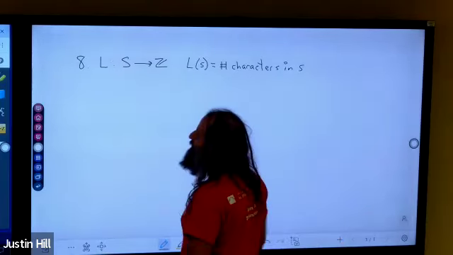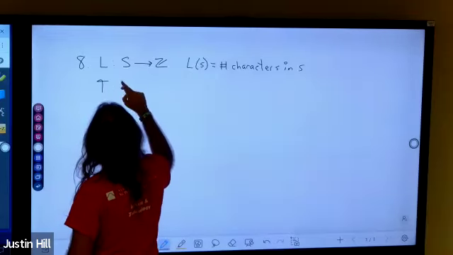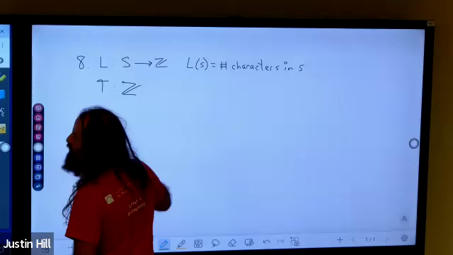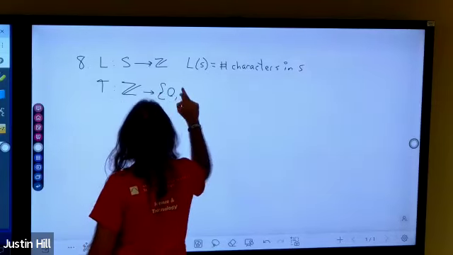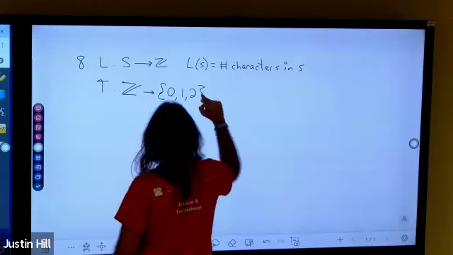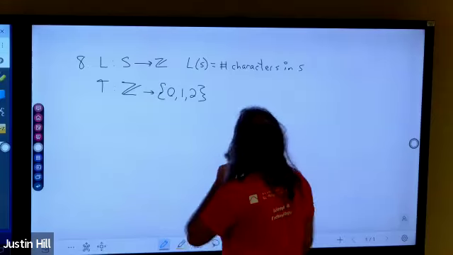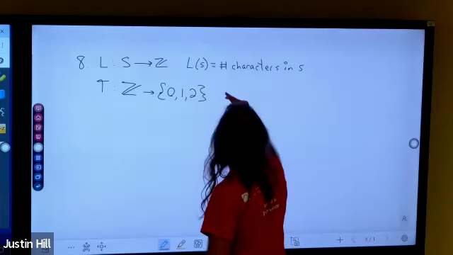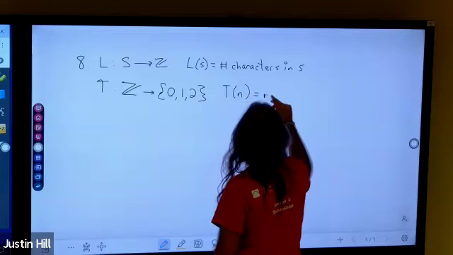And then T is this function from the integers to the set 0, 1, 2. And they're saying this is the mod 3 function. So T of n equals n mod 3.